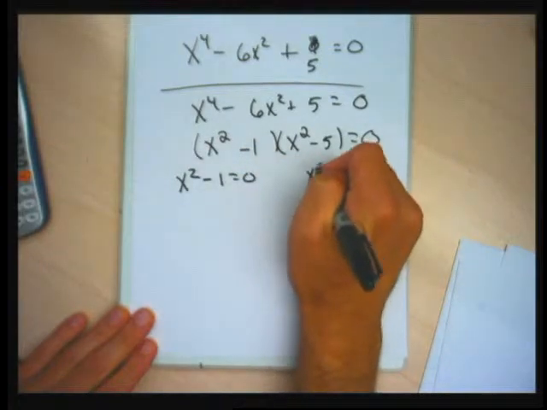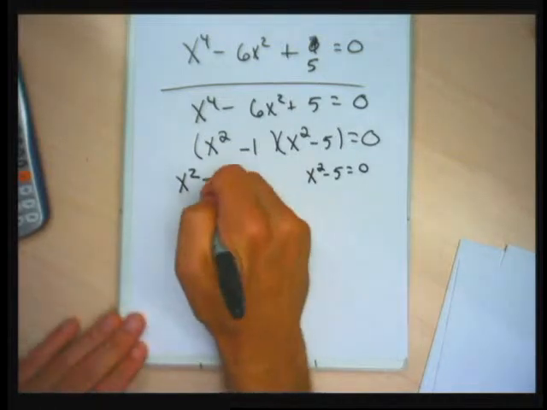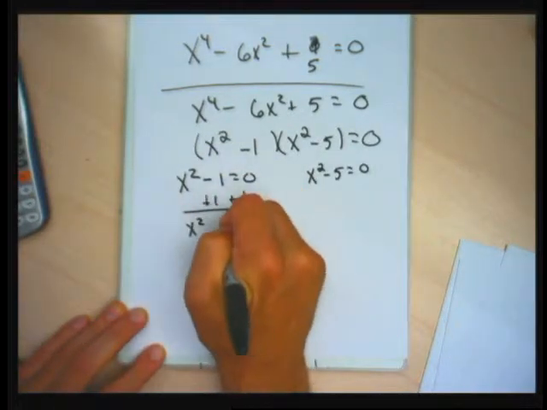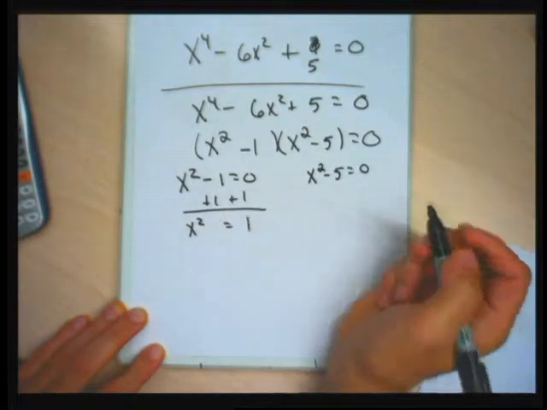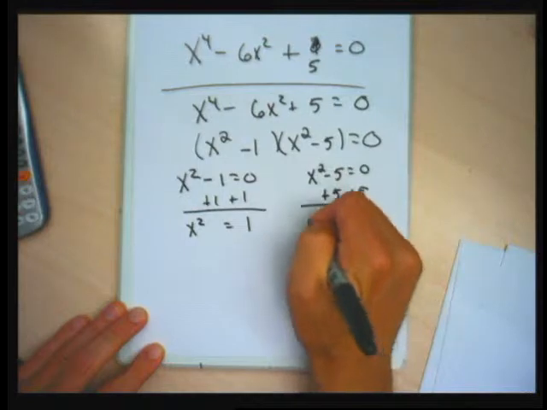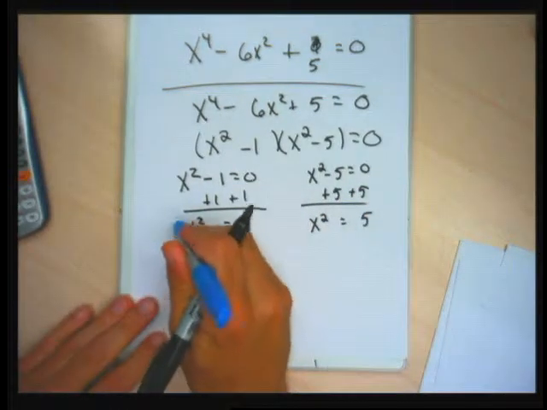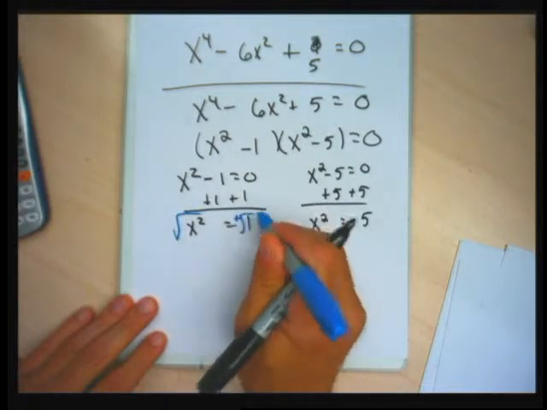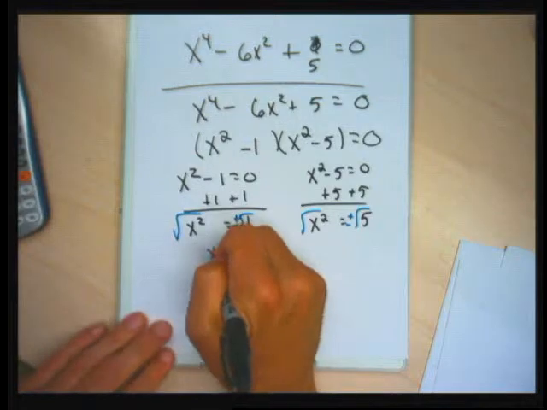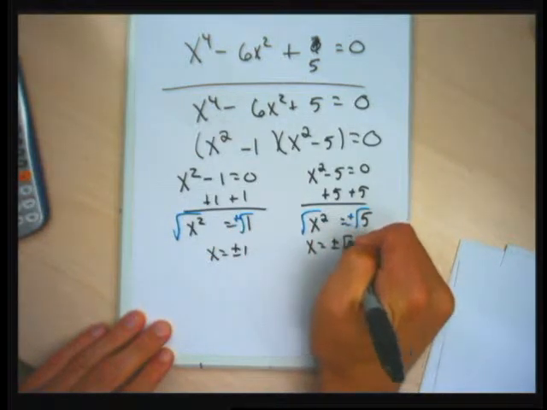And the stuff that makes the last problems harder is this step, setting the factors equal to 0 and knowing what to do. So for the x squared minus 1 equal to 0, I add 1 to get x squared equal to 1. For the x squared minus 5 equal to 0, I add 5 and get x squared equal to 5. And then I do square root plus or minus square root. I get x equals plus or minus 1, and x equals plus or minus the square root of 5.